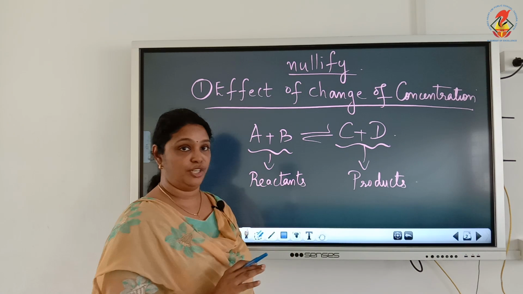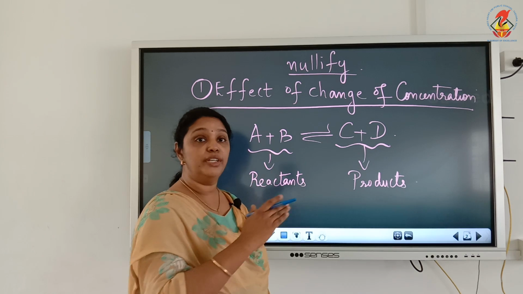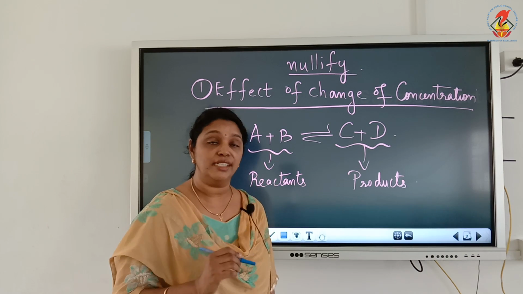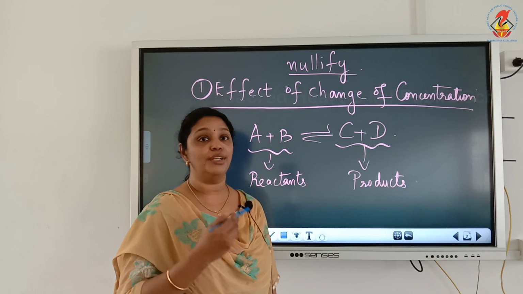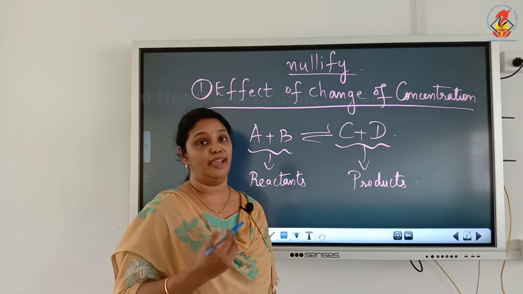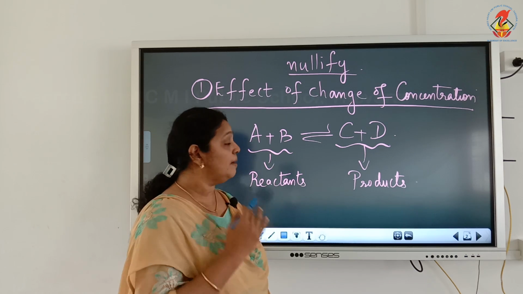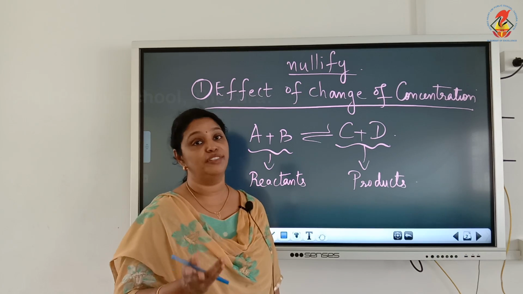So this reaction is at equilibrium now, and you know the forward reaction is A and B reacting to give the products C and D, and we have the backward reaction in which C and D react to give the products A and B.